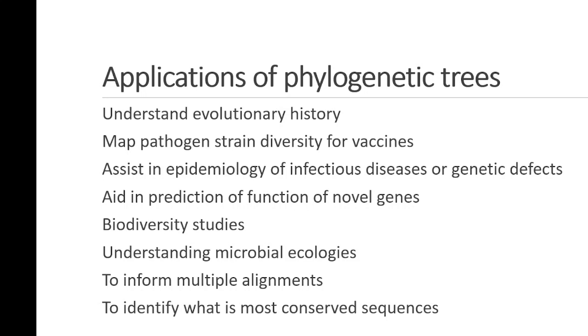Then it assists in the epidemiology of infectious disease or genetic defects. For example, when corona, COVID, was a new virus, doctors were very quick to point out that the mode of reproduction, mode of infection, mode of incubation, the symptoms it would produce and the organs that would be infected would all be similar to our common cold virus.